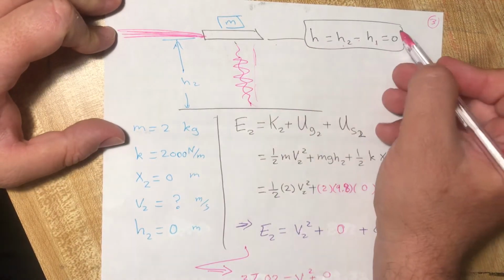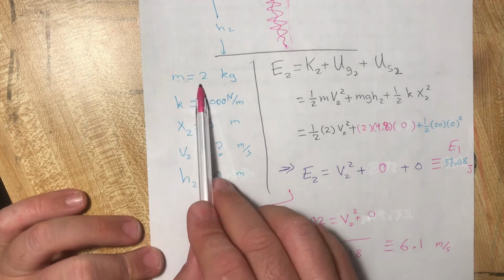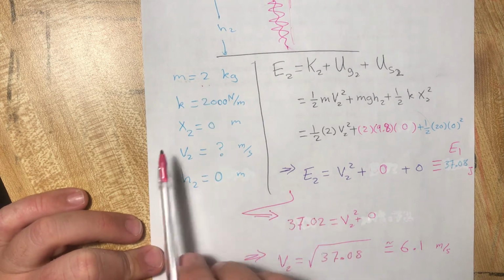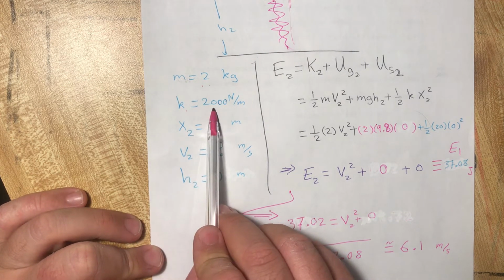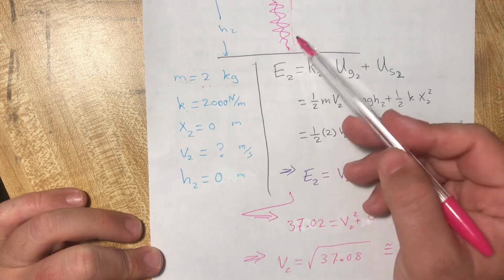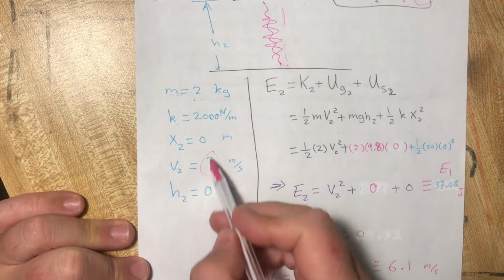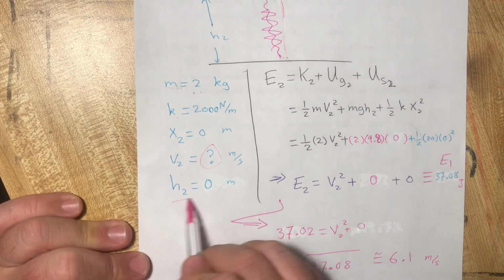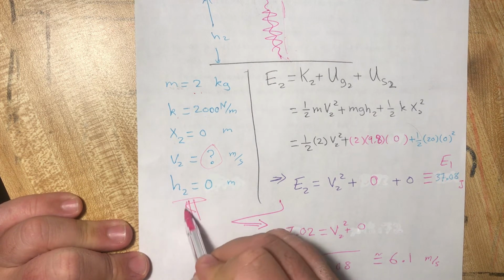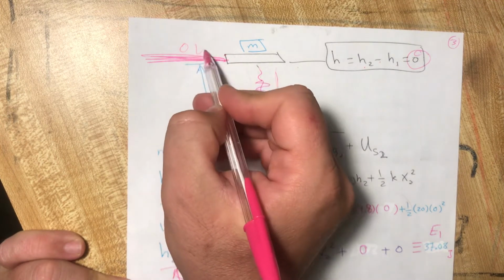So my numerical values: the mass is still 2 kilograms, the spring constant is the same, the compression distance is 0, now the spring is free. The velocity, we don't know, we'll compute it, and the height is 0 because it is at the zero level.